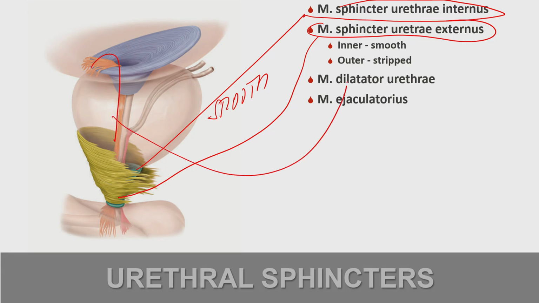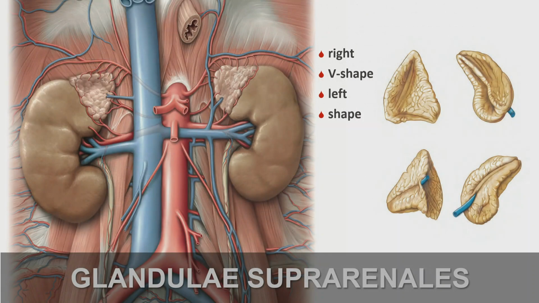So this is dilatator urethrae. And the last muscle, which is an important connection to ductus ejaculatorius, compressing this, is called ejaculatoris muscle.